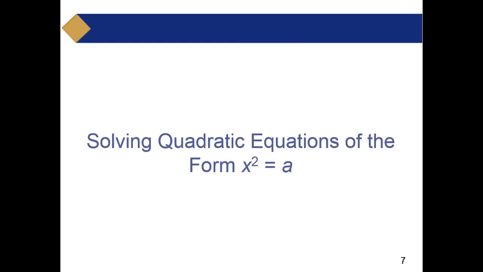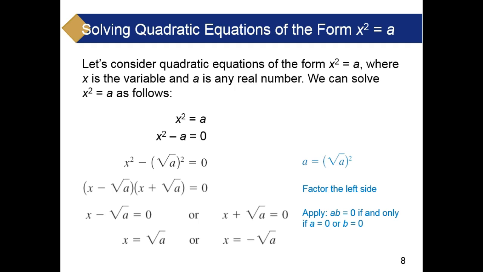So, solving quadratic equations of the form x squared is equal to a. Okay? Now, we've already been doing some of these. Let's consider quadratic equations of the form x squared equal a, where x is a variable, a is some real number, any real number. One way we could do that is to subtract a from both sides.